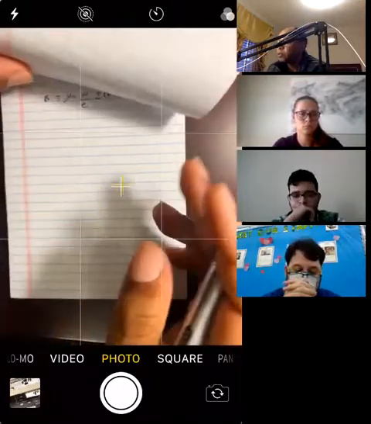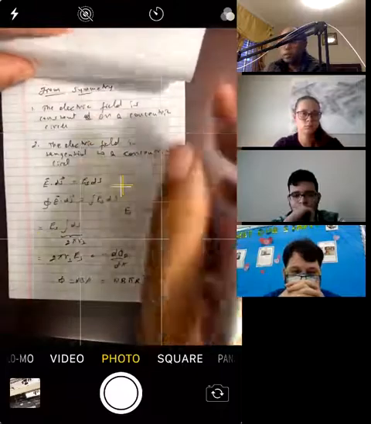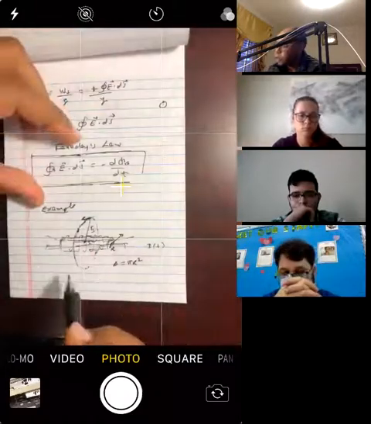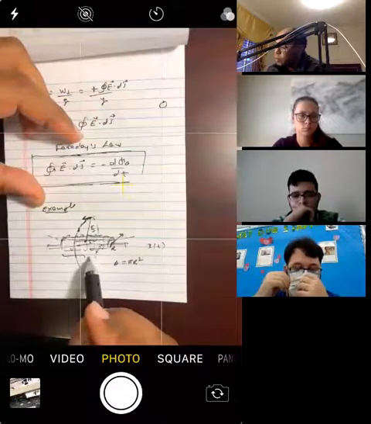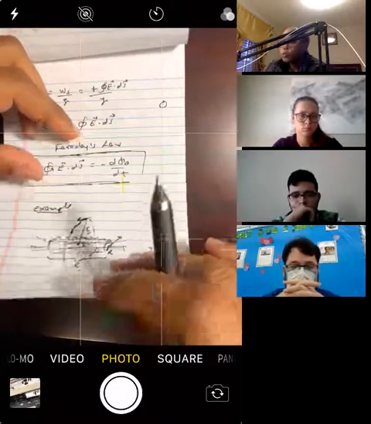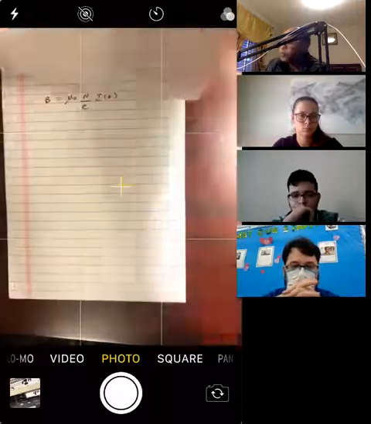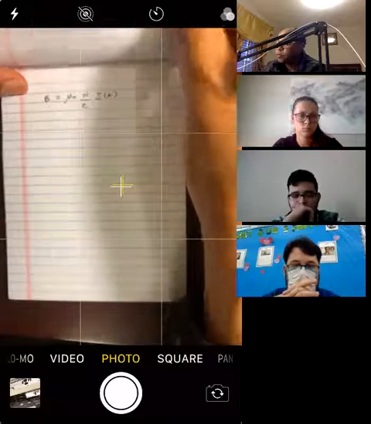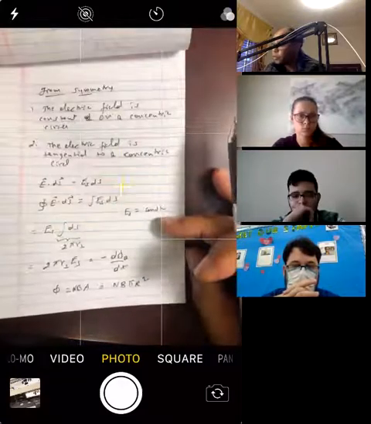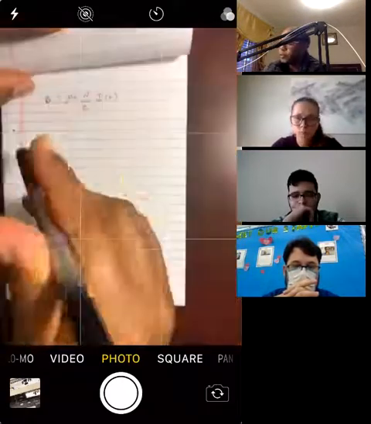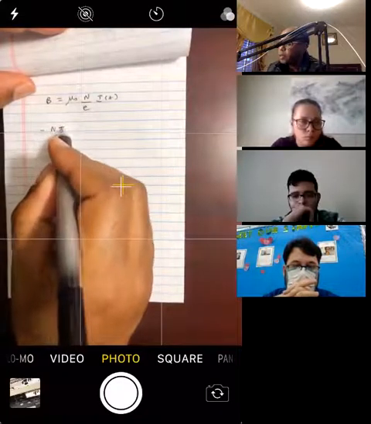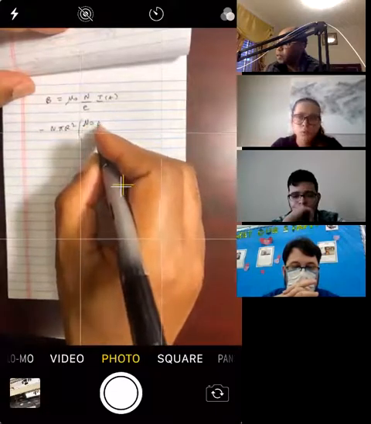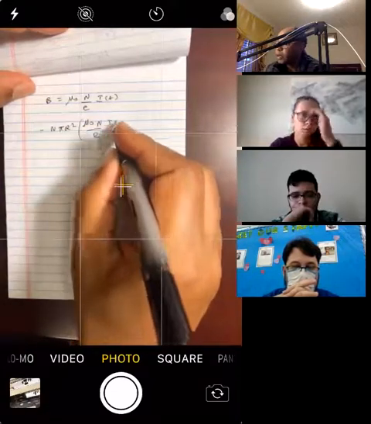Let me put the L over here as the length of the solenoid. So if you remember, the magnetic field of the solenoid is this one over here. Instead of B, we're going to put this over here. So you've got N pi r squared, and then we have this for the current: mu naught N over L times the current.